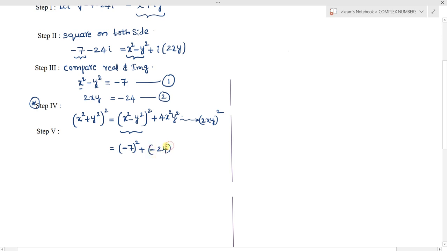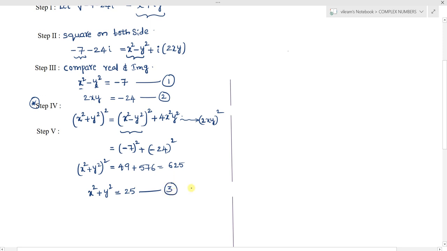So we get 49 plus 576, which equals 625. So this is x square plus y square whole square. Then x square plus y square is the square root of 625, which equals 25. Let this be equation 3.